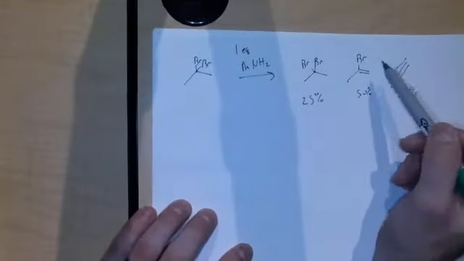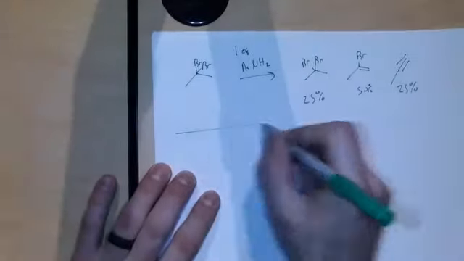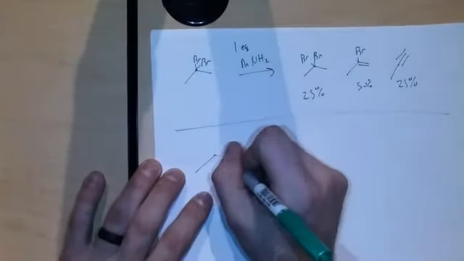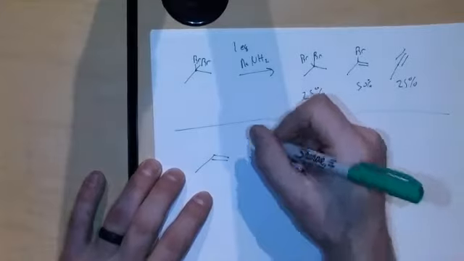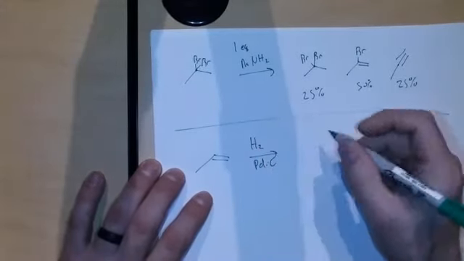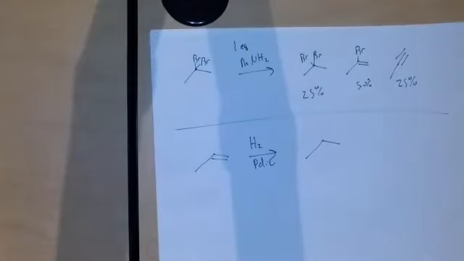So I'm going to talk about how to make this in a second. First, I'm going to talk about some reductions because these are pretty straightforward. So if I throw in H2, I'm going to make this.